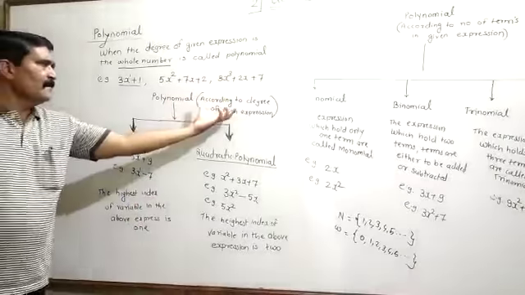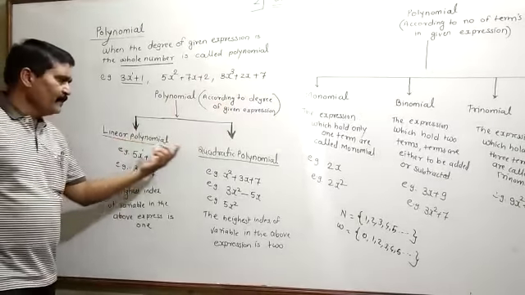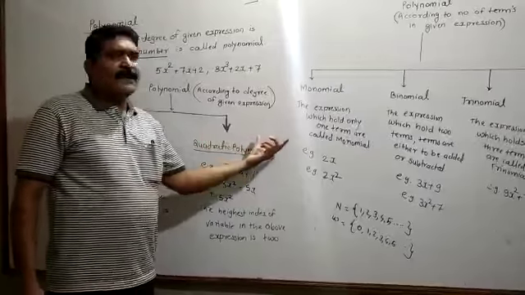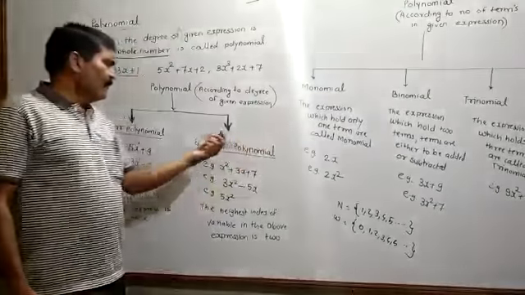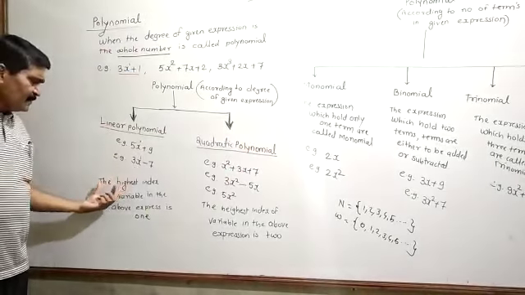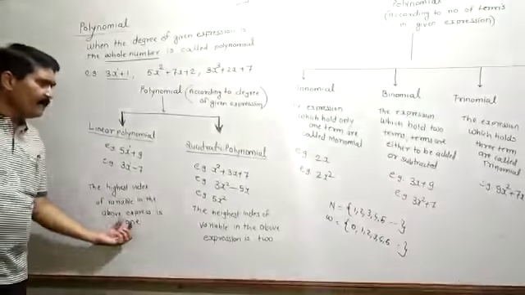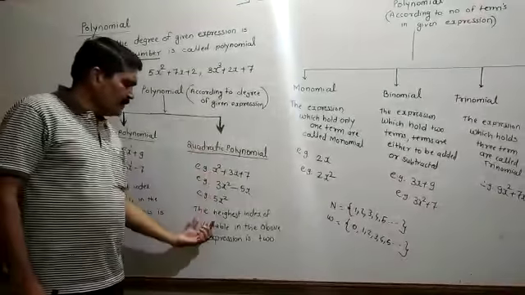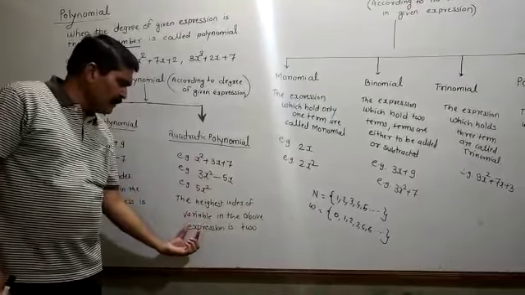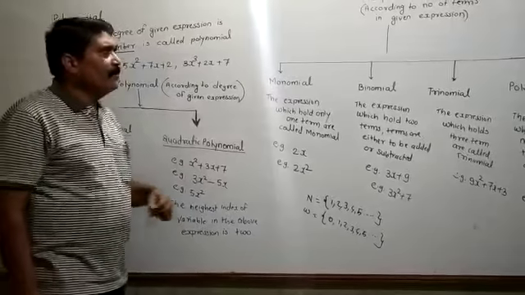According to the degree, polynomials are classified into monomial, linear polynomial, quadratic polynomial, and cubic polynomial. Linear polynomial means the highest index of the variable in the given expression is 1, and for the quadratic polynomial the highest index of the variable, or the degree of the polynomial, is 2.